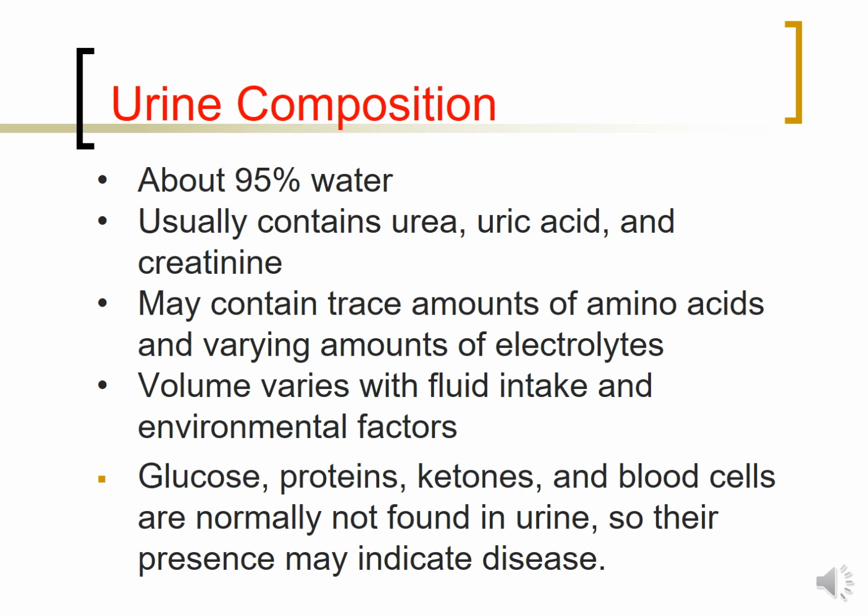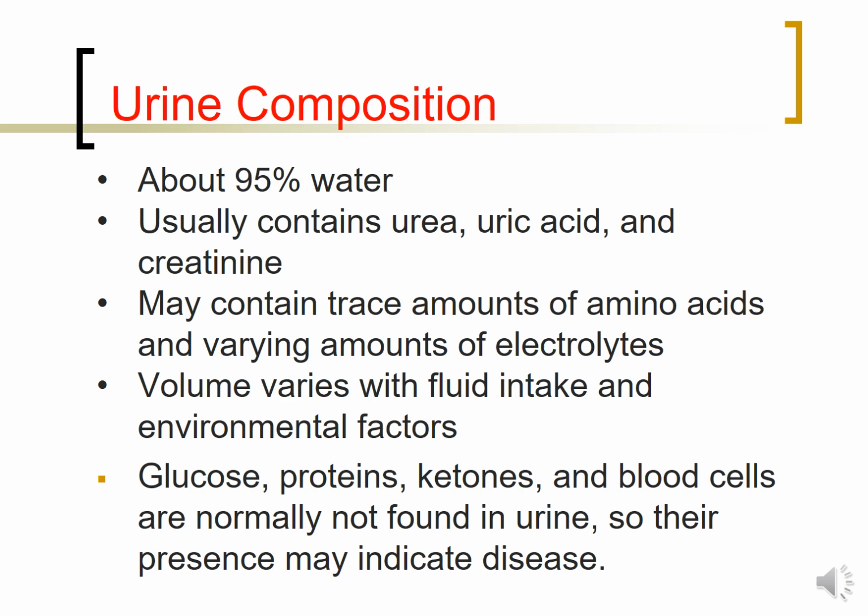It may contain trace amounts of amino acids, and since the kidneys are balancing your electrolyte levels, it contains varying amounts of electrolytes. The volume varies with your fluid intake, how much water you're drinking, and what type of foods you're eating. Is it really warm out? Have you been exercising? Sweating is also going to impact the amount of urine that's produced.